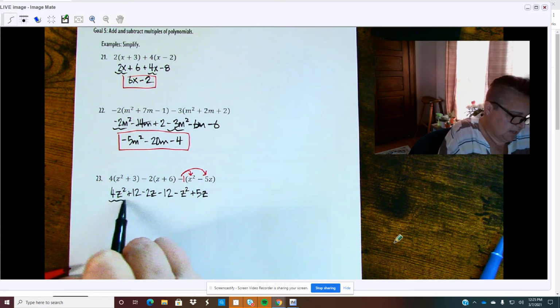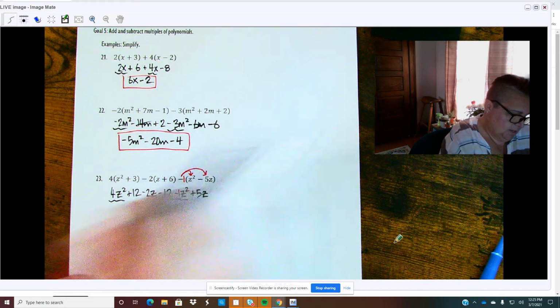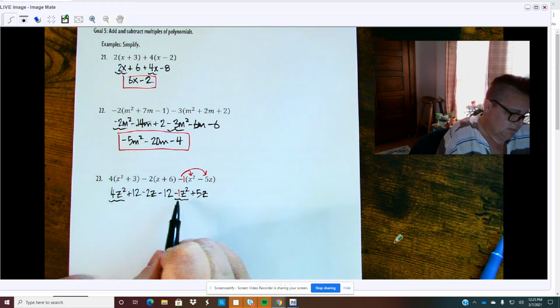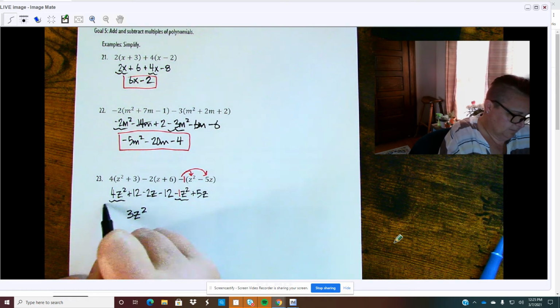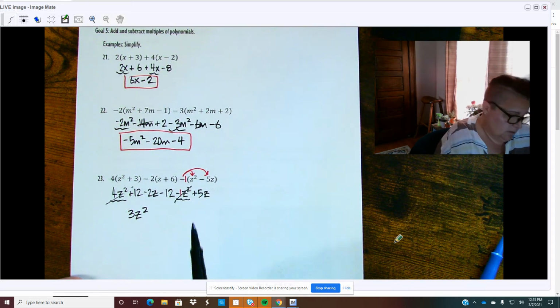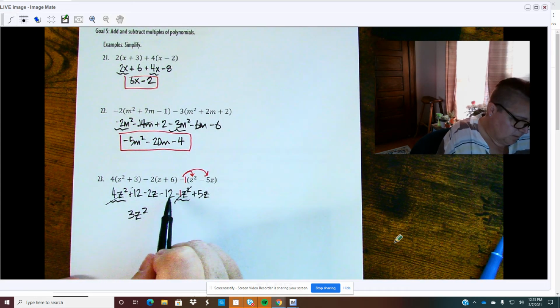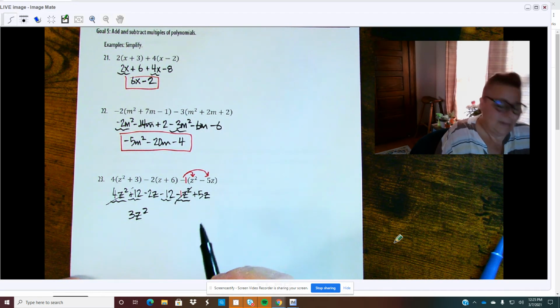Minus 4z minus z squared. So I've got this guy and this guy. Now this, remember, is a 1. So 4z squared minus 1z squared is 3z squared. When there's a lot, I tend to put a line through it. I've got a plus 12 and a minus 12. Ooh, sweet. That zeroes out.